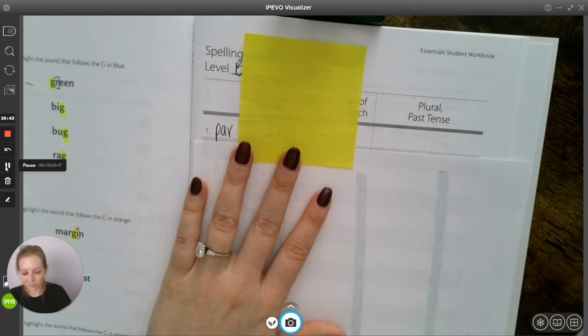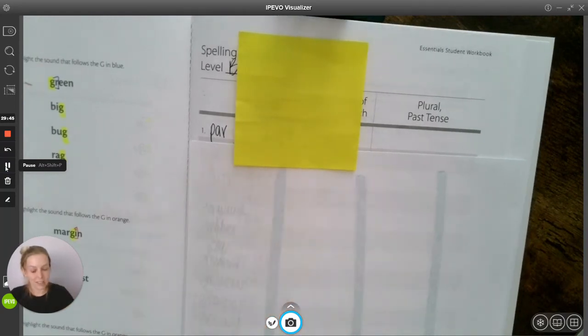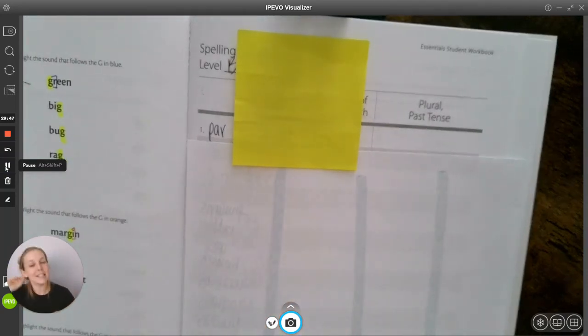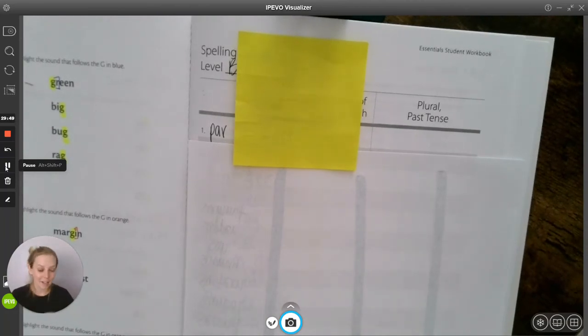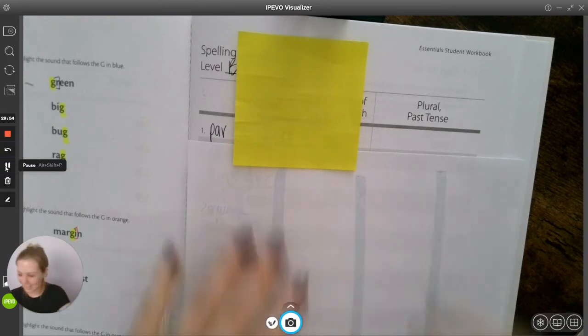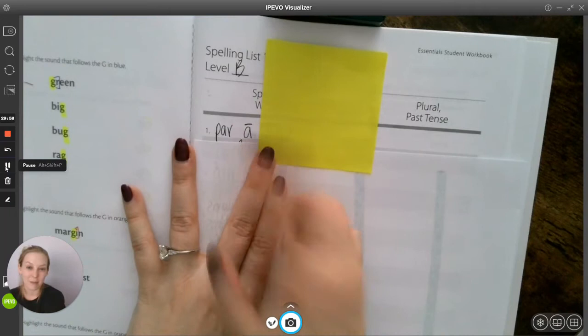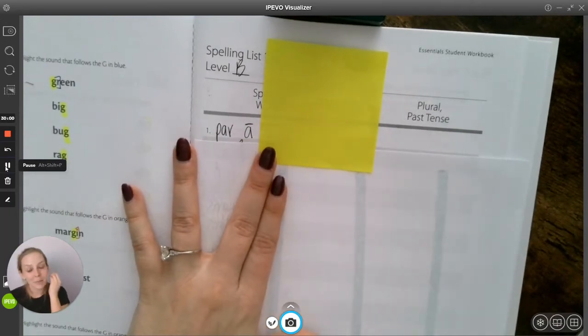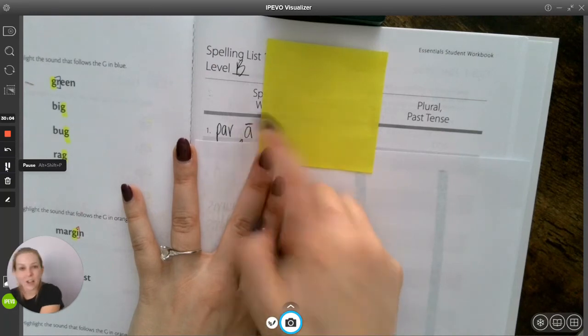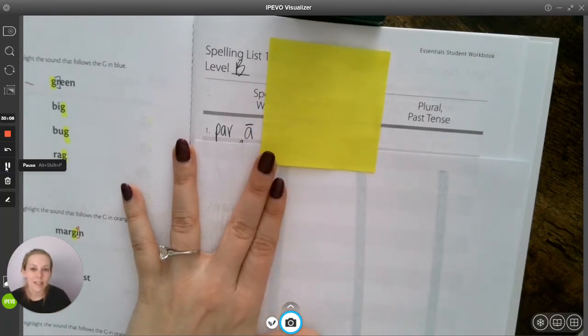Air. Our second syllable is A. Nice and easy. Sound it out. A. Finger spell. A. You can see I already have my markings, so you can go ahead and copy that down. That's why spelling's going to be a little different today. It has its long A sound, so we have the macron over it already.